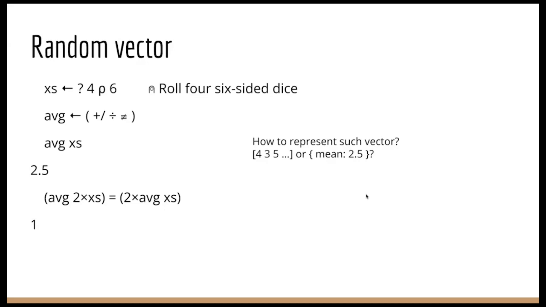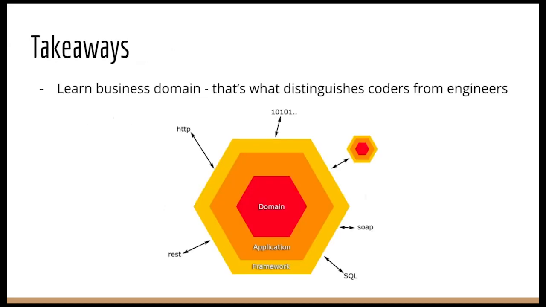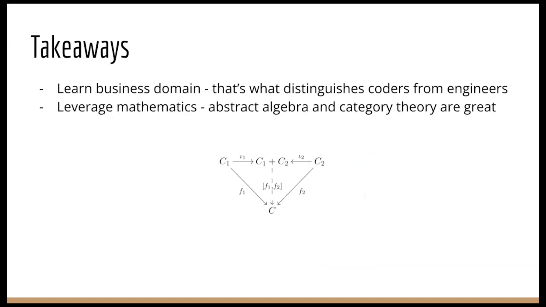This is very handy. So what are the takeaways? First, learn business domain. That's what distinguishes coders from engineers. That's what is extremely useful. That's something that's not going to change most likely as quickly as new technologies, and that's what makes you very valuable to your organization.